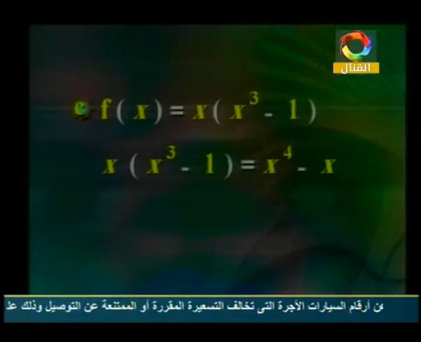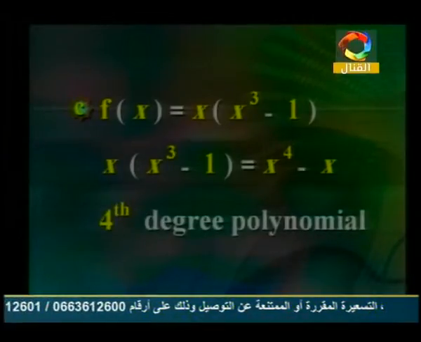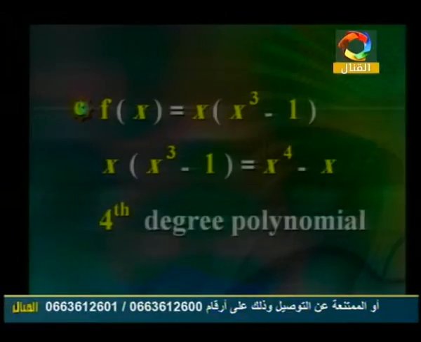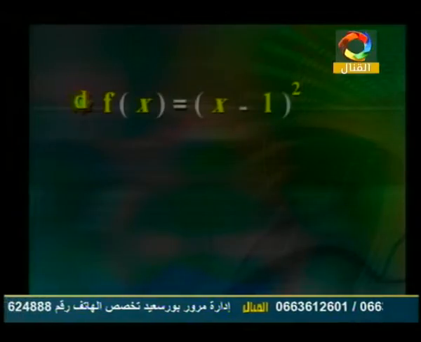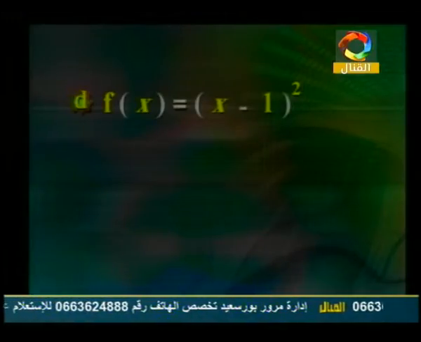Then this problem, x times (x to the power 3 minus 1) equals x to the power 4 minus x. Fourth degree polynomial, excellent. Next: f of x equals (x minus 1) all to the power 2.